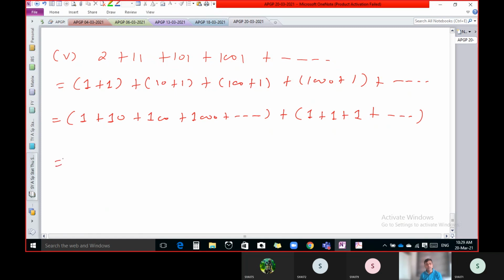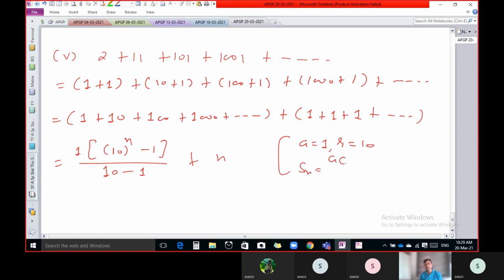And what is the first term here? 1. Then what is r? 10. 10 raised to n minus 1 upon 10 minus 1. And what is 1 plus 1 plus 1? n. And here you can write a equal to 1, r equal to 10, and the formula is a into r raised to n minus 1 upon r minus 1. You can write in bracket like this.